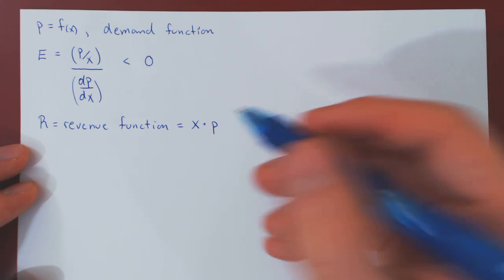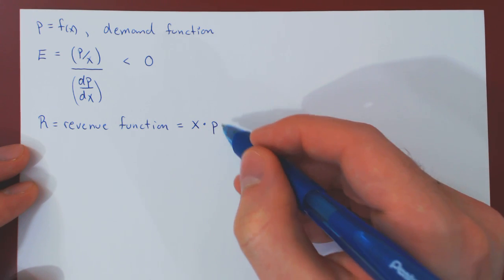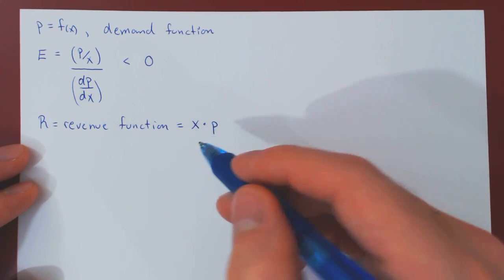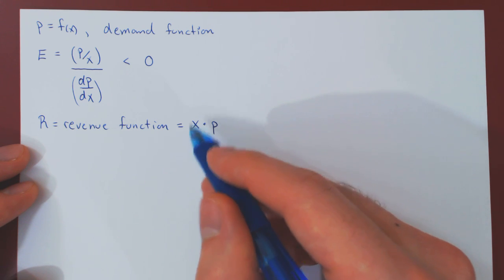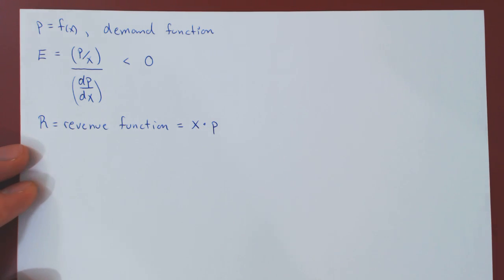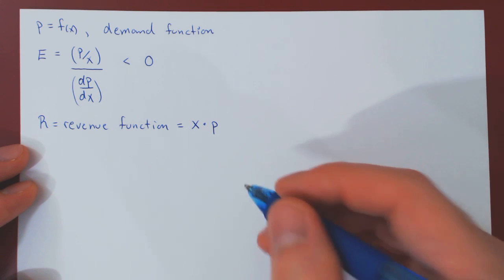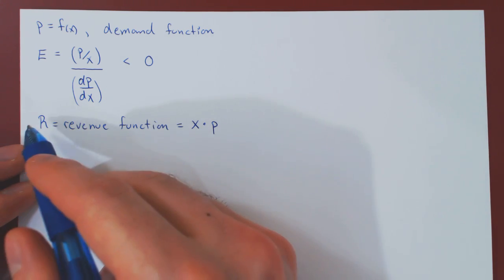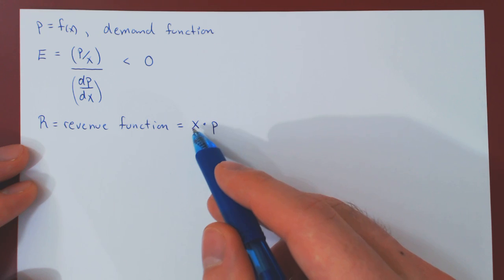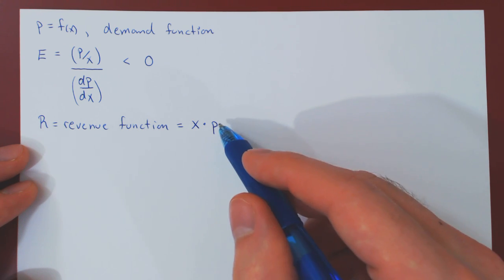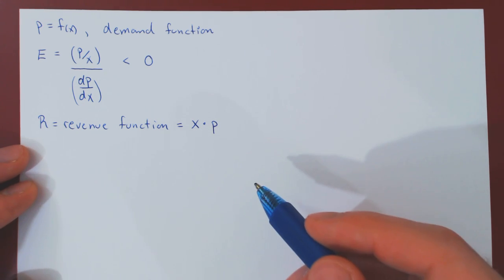So if each unit is sold at a price P and X units are sold, well, then your revenue is X times P. So very simple relationship between the revenue function, number of units purchased by consumers, and the unit price of a given product.